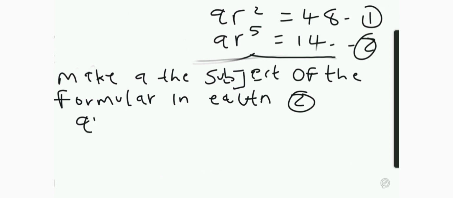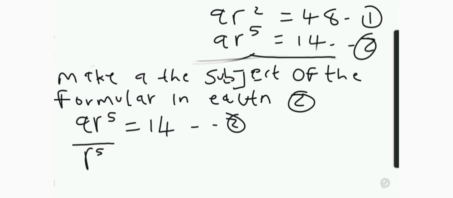Now ar^5 = 14. I have to divide both sides by what? You say okay, r^5. Now when I divide both sides by r^5, you will notice that the r^5 cancel each other, and I'll be left with a = 14 over r^5.